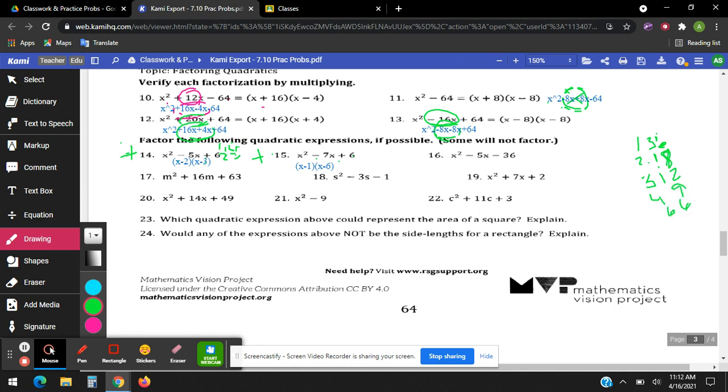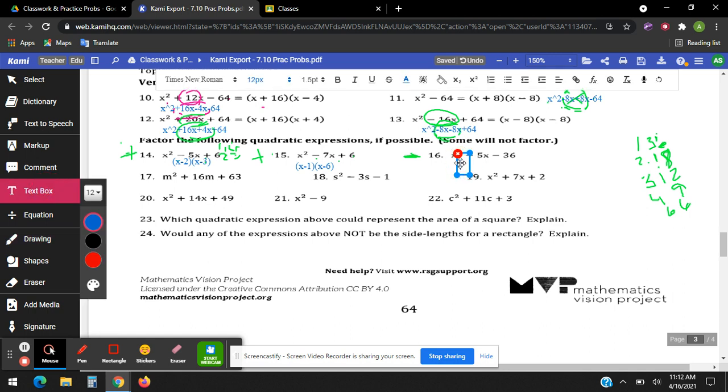Okay. Because this is a negative, I need to subtract. But it's one of each. So between my ones here, I know it's going to be an x minus and an x plus.